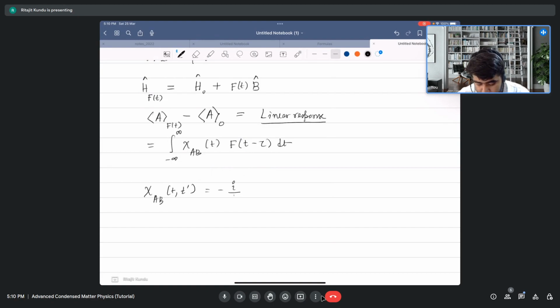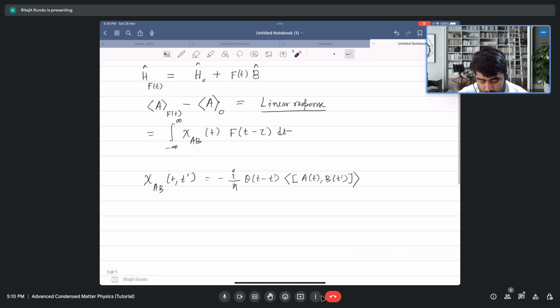After doing all of this perturbation theory, you get the expression which is theta of t minus t prime, times the expectation value of a commutator bracket between A of t and B of t prime. This is how the chi looks. This is also often called the susceptibility. So this is all that we need to calculate.